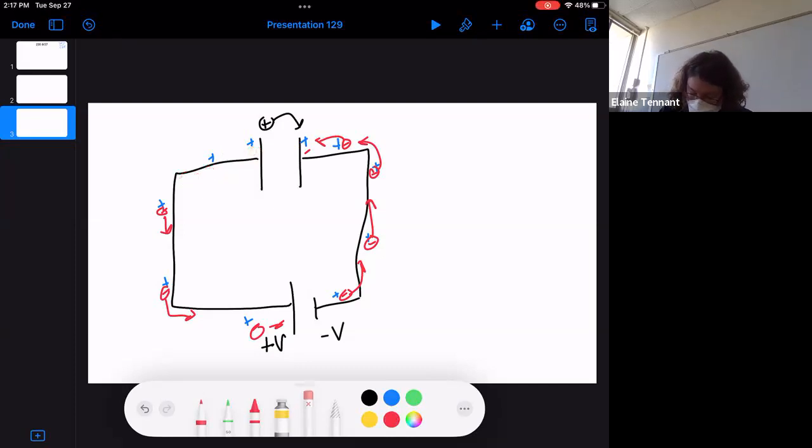And after some amount of time, what we're really going to see is that all these negative charges are going to start collecting over here. And so one of our plates will have positive charges without negative charges, so it will look like positive charges collected. And the other plate, we're going to have all these negative charges collected on that side.